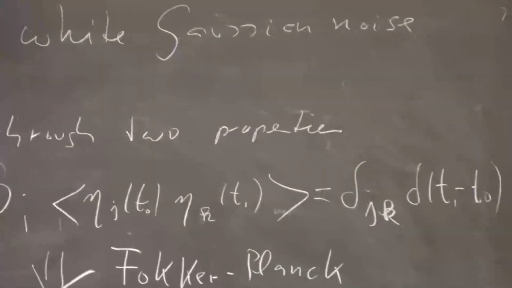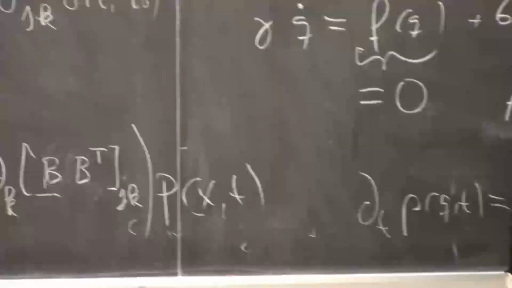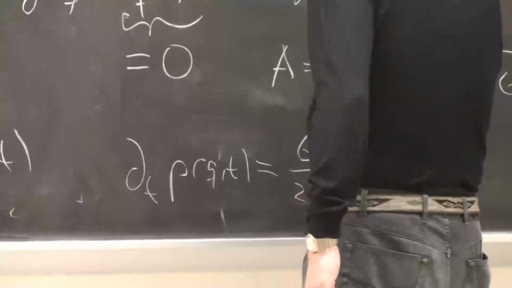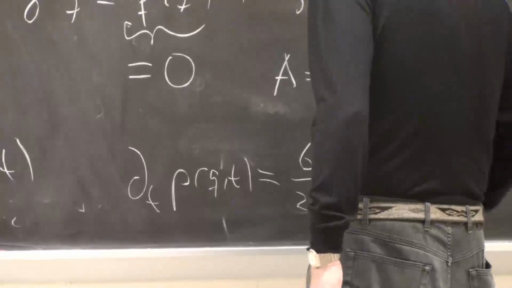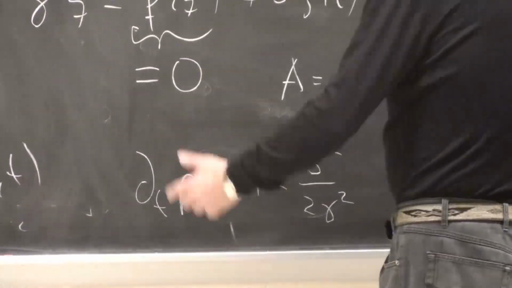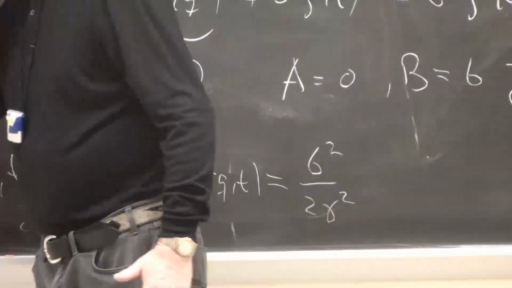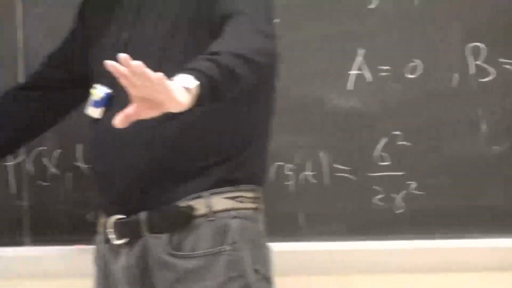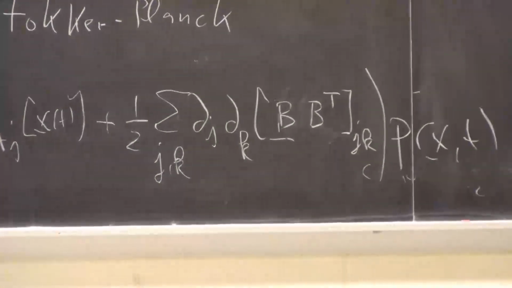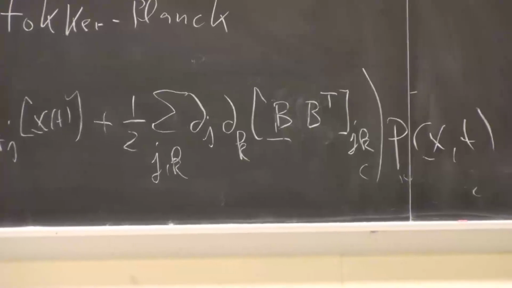So we are getting sigma squared over 2 gamma squared. And here we have only one coordinate, j and k are always 1, so we write it as d_q squared.